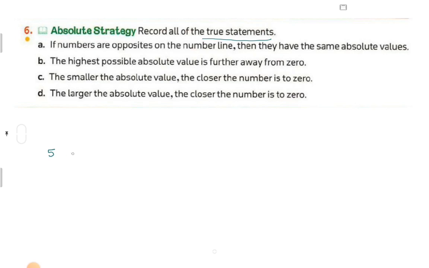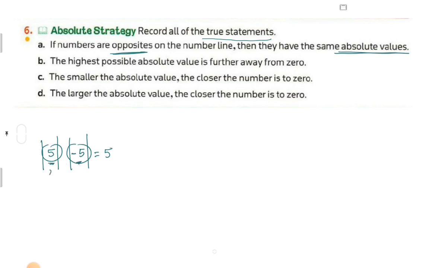Like 5 and -5. It's called opposites on the number line. Then they have the same absolute value. Yes, absolute value of 5 equal absolute value of -5 equal 5, because two numbers the same distance from 0.